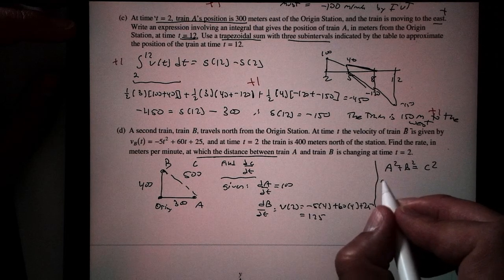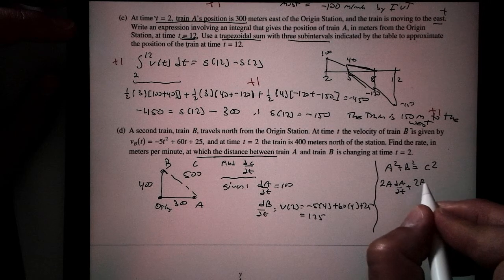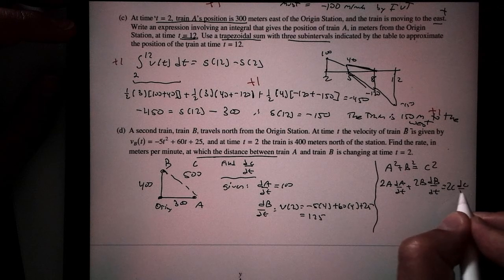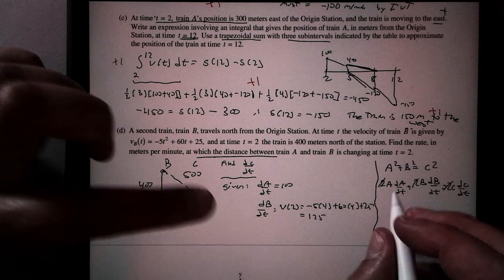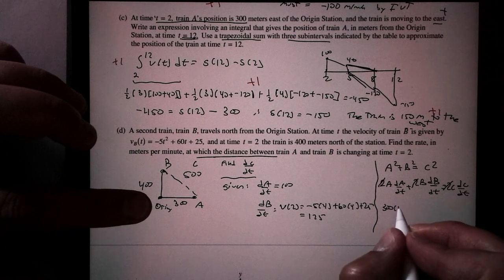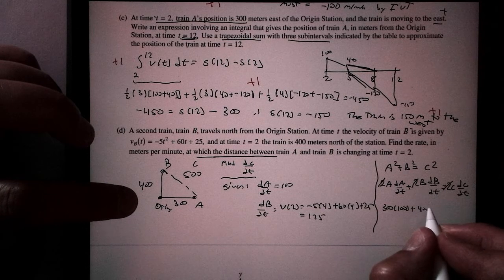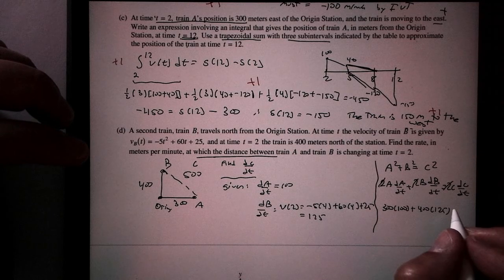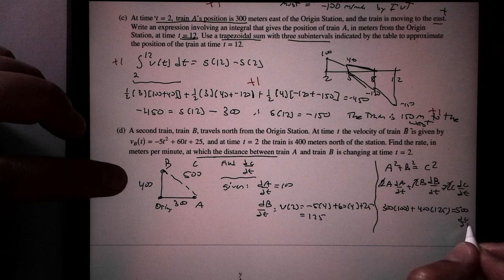Taking the derivatives, 2a dA/dt plus 2b dB/dt equals 2c dC/dt. And the 2's are all going to cancel. We don't have to worry about those. And I can just plug everything in. A, we know, is 300 times 100. B, we know, is 400. And B's rate of change is 125 if we simplify this velocity. And that's going to equal 500 dC/dt.